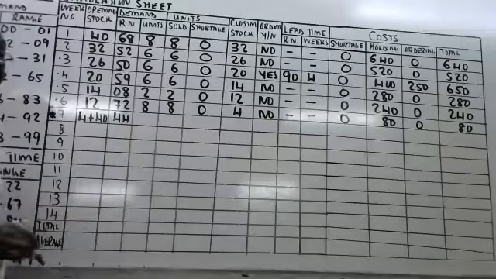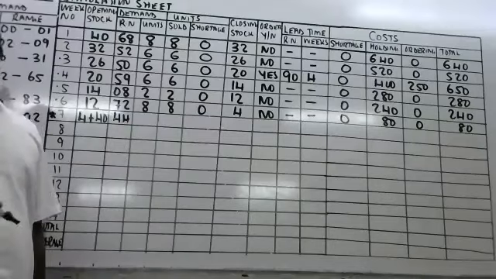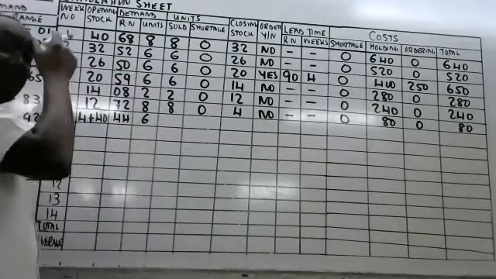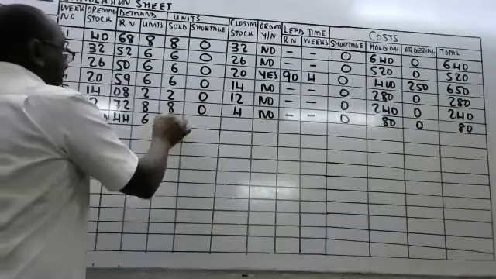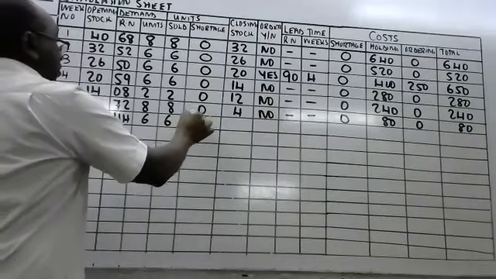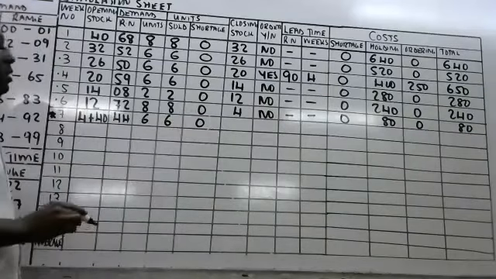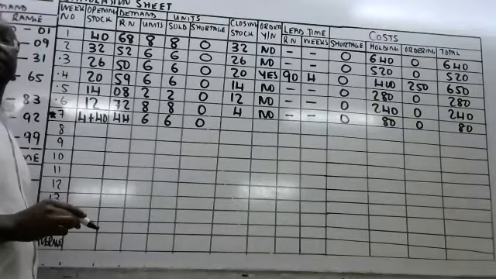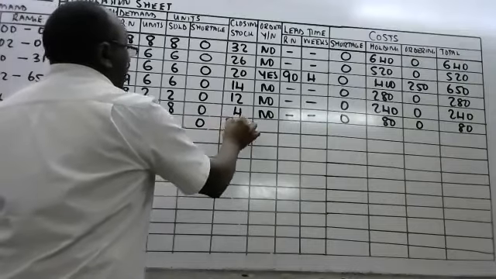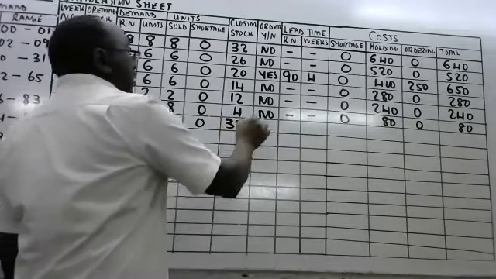44 will give us how many units? 6. So how many do we sell? 6. Shortage is 0. Then closing is 38. Do we place the order?